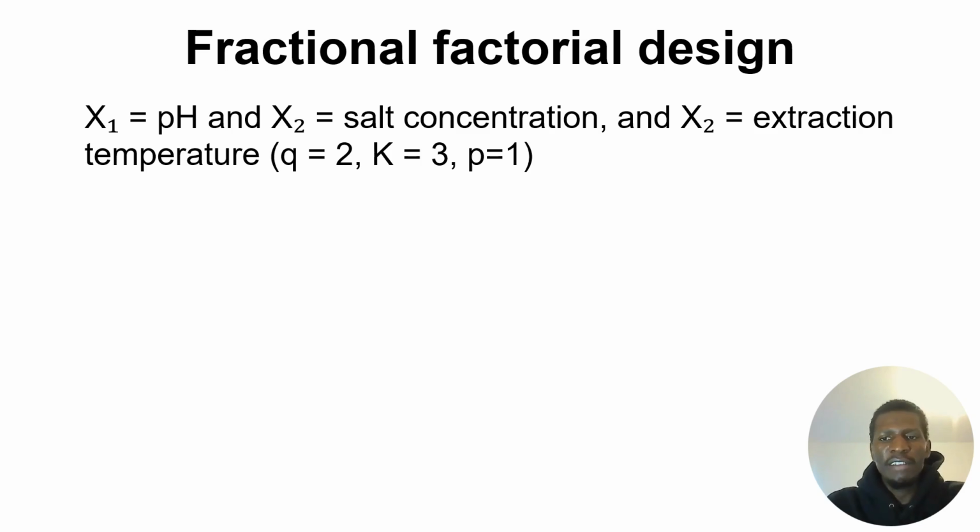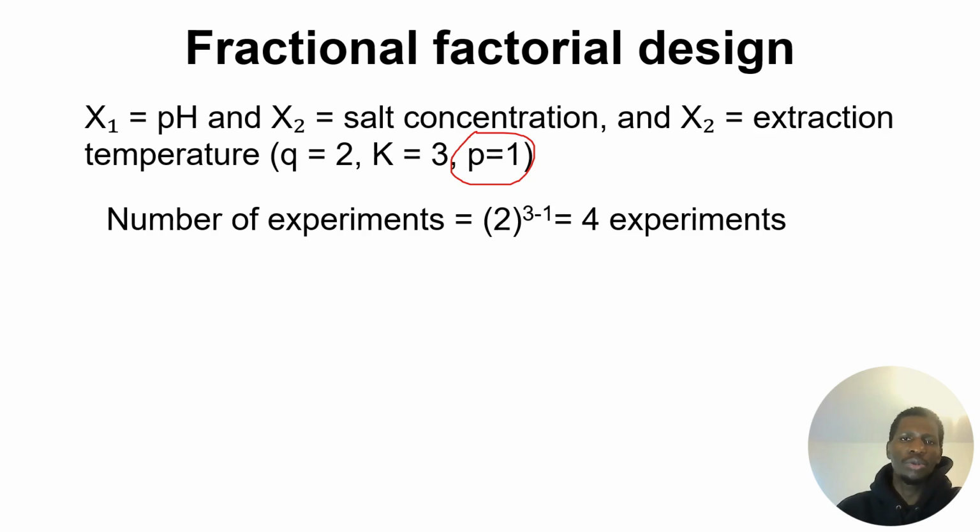Let us build a fractional factorial design for these experiments. Here, the degree of fractionation equals 1. So the number of experiments will be equal to 2 raised to the power 3 minus 1, which equals 4. The first thing you have to do here is to start by building a full factorial design for a 2-factor, 2-level design.